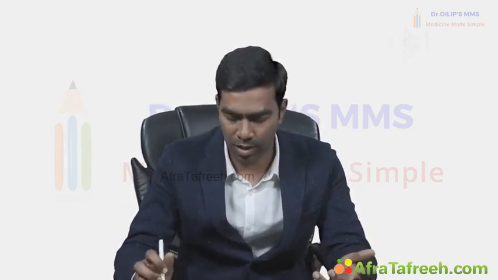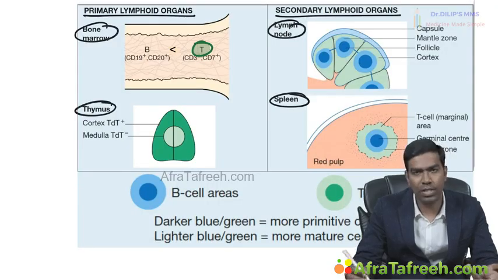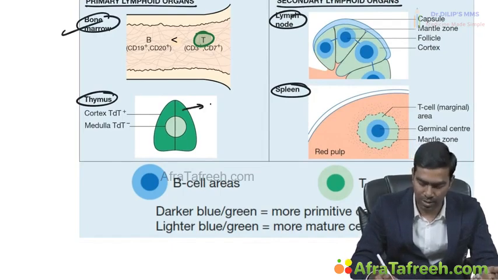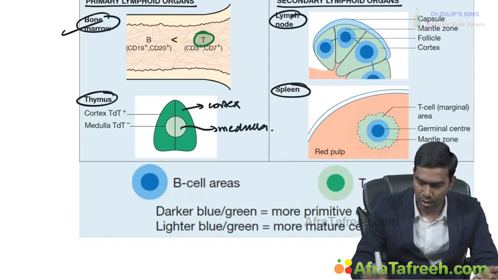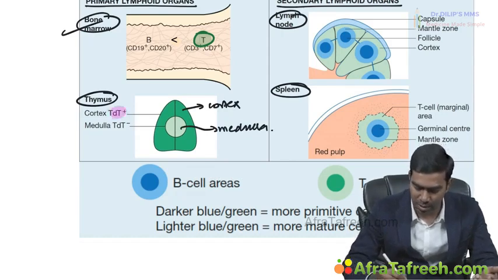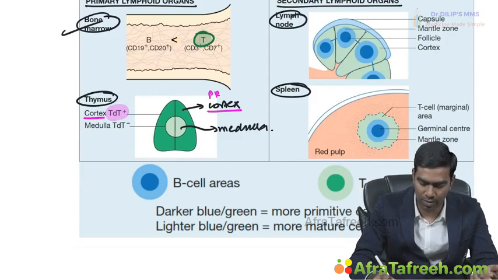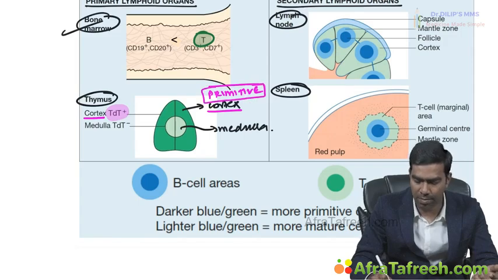Now in the thymus there are two zones. This is what we call the cortex, and the deeper structure is what we call the medulla. In the cortex, you can clearly see from this image, they are TdT positive. TdT positive means the cortex contains more primitive, immature cells.